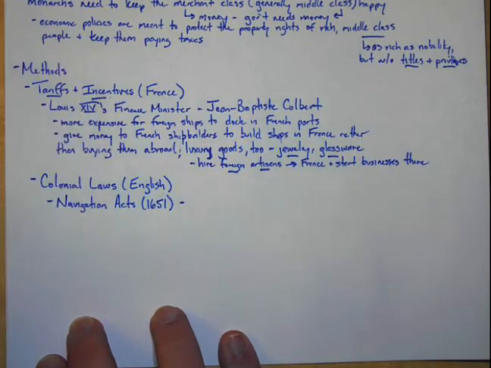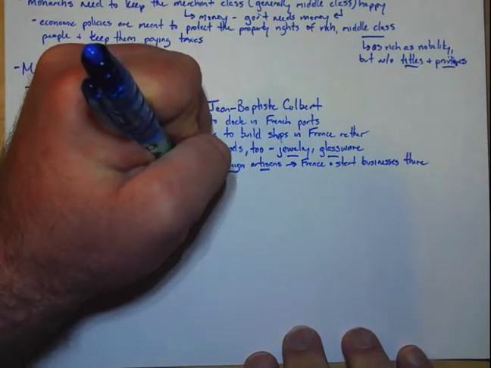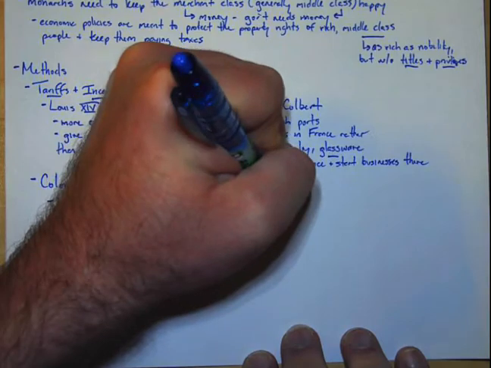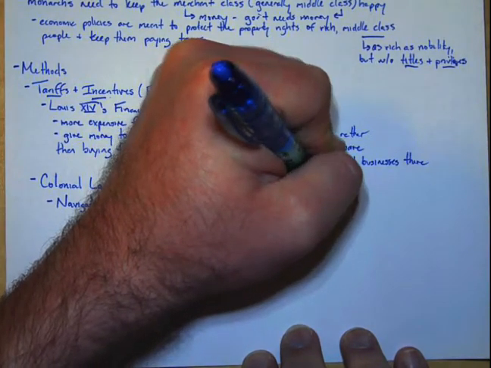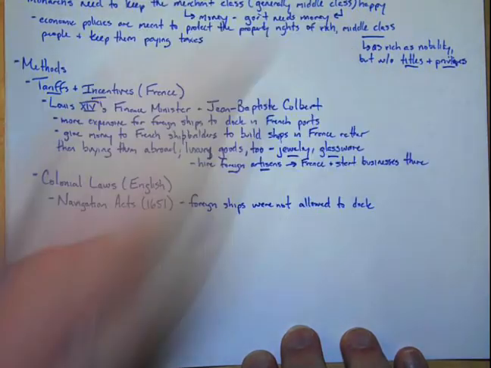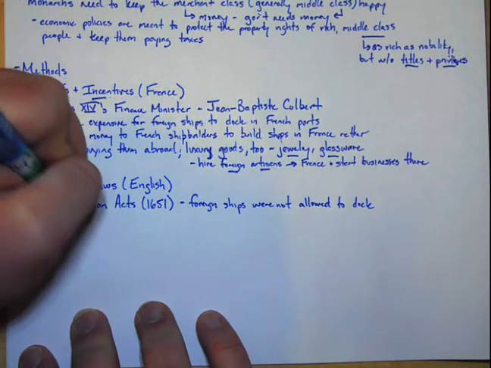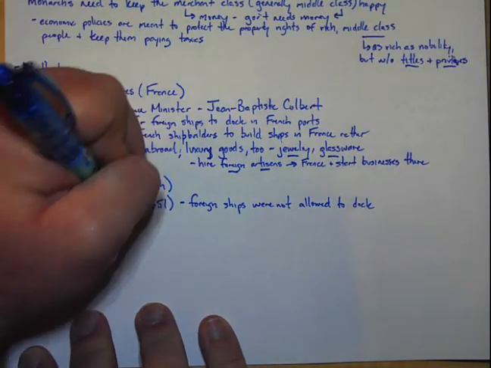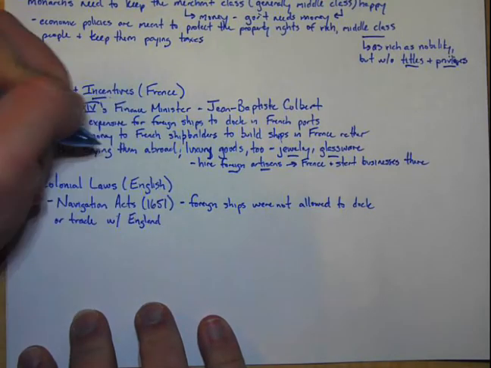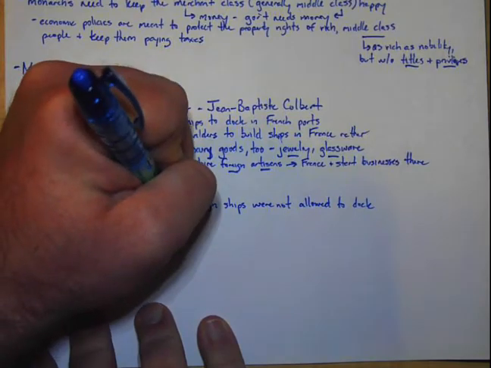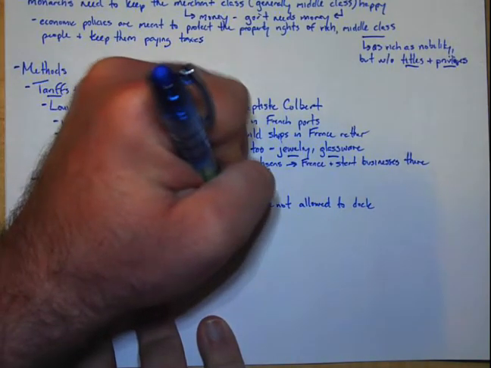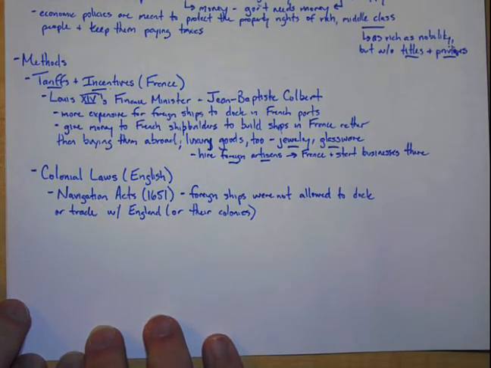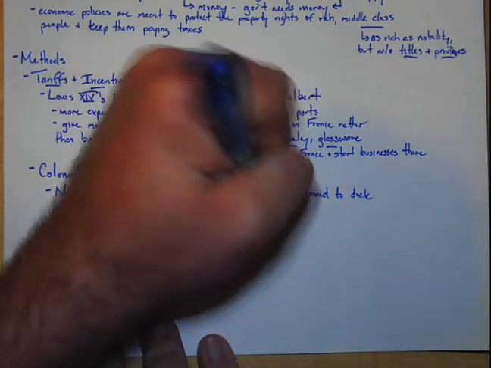And what they did is they said that foreign ships were not allowed to dock or trade with England or their colonies. So only English ships can do this.